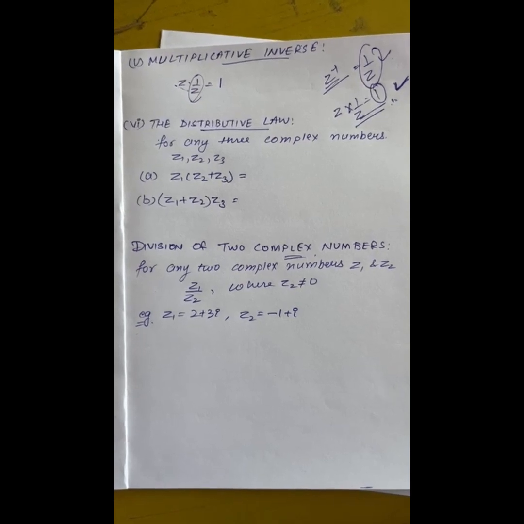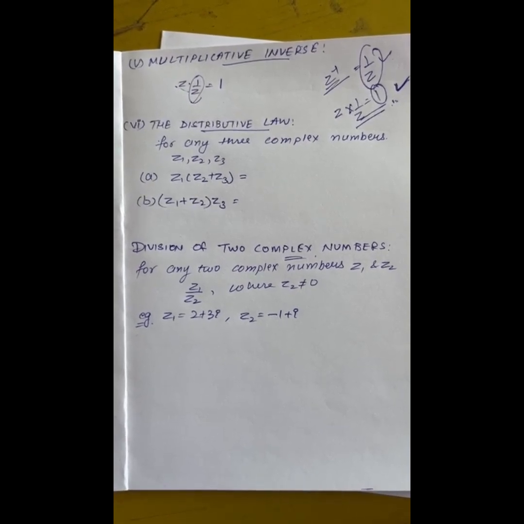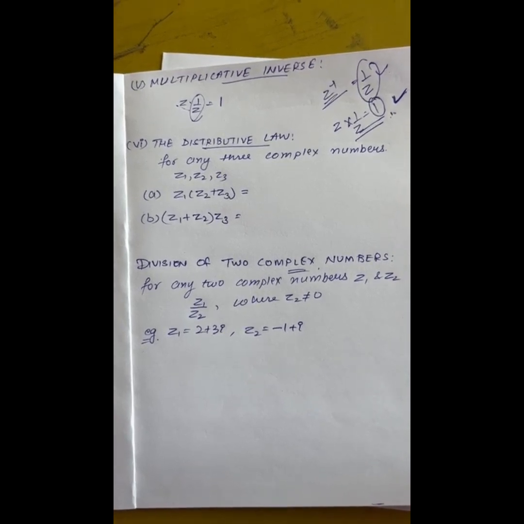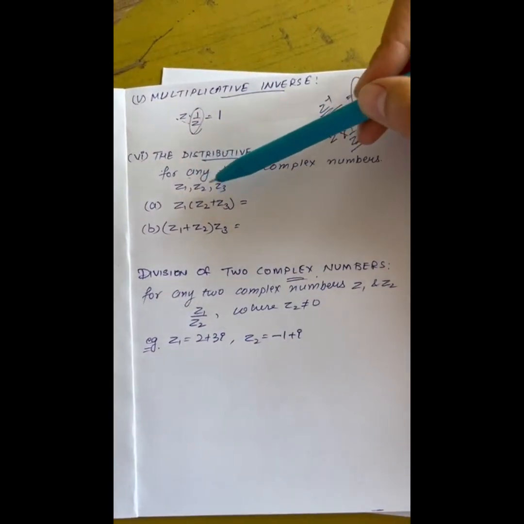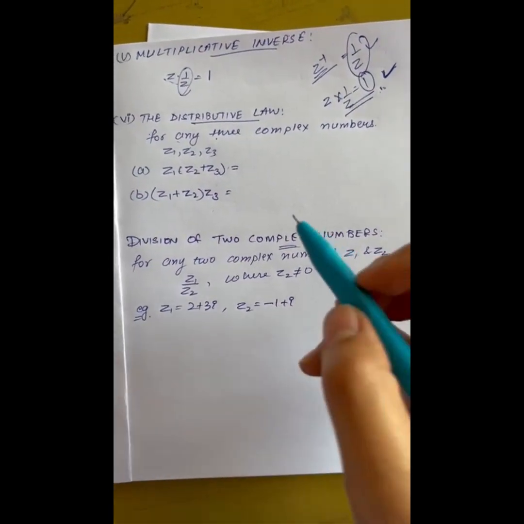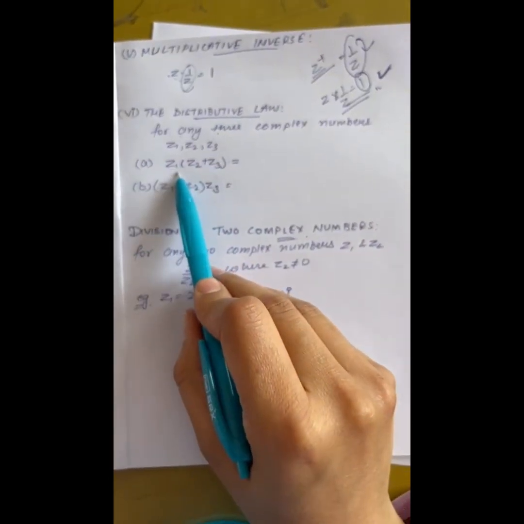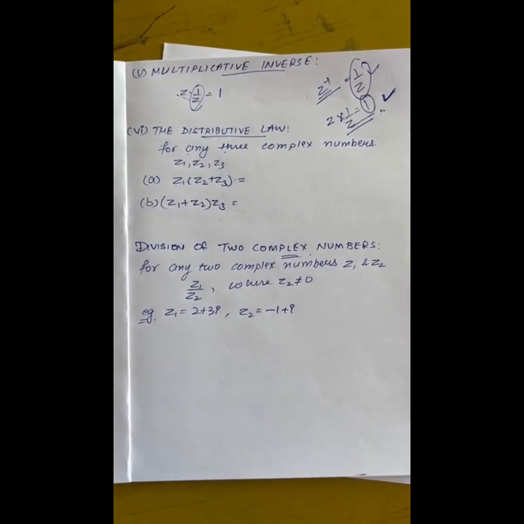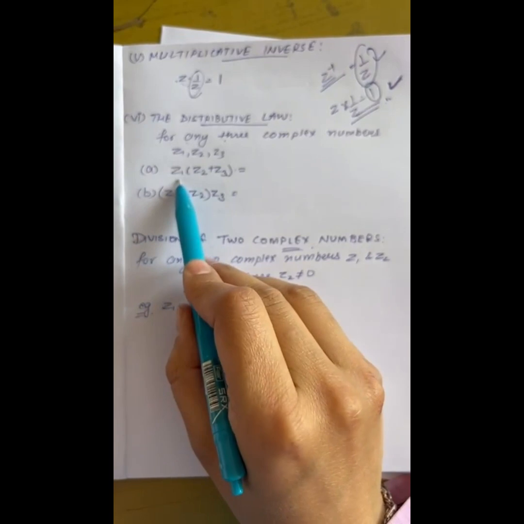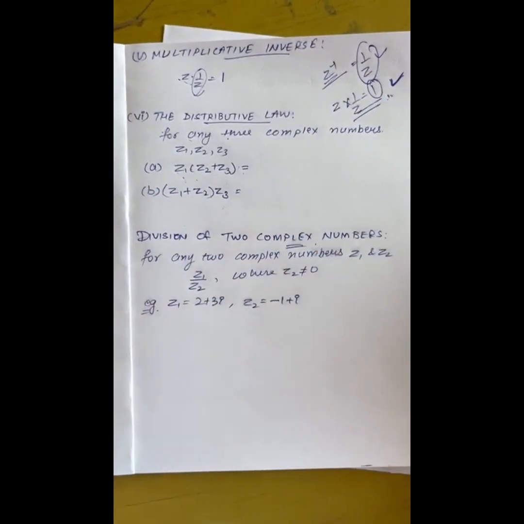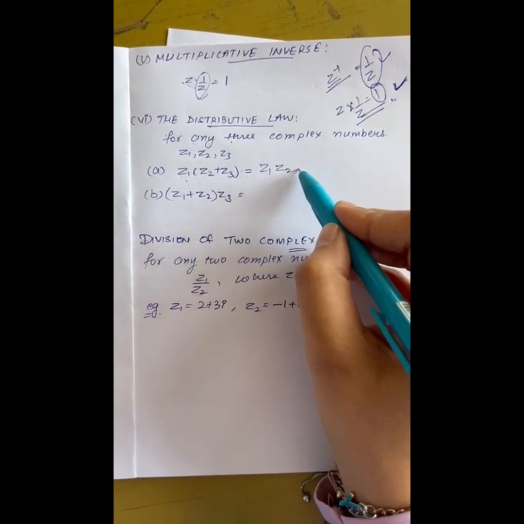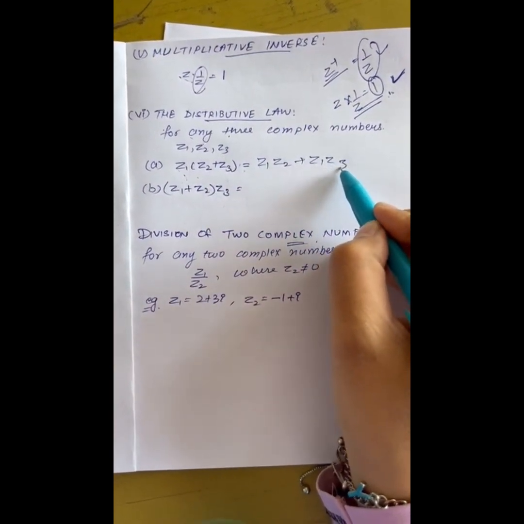Okay, so next comes the last property of multiplication, the distributive law. For any three complex numbers, say z1, z2 and z3, it must satisfy two conditions. First, whenever we multiply z1 to the sum of z2 plus z3, we will get the answer z1 z2 plus z1 z3.